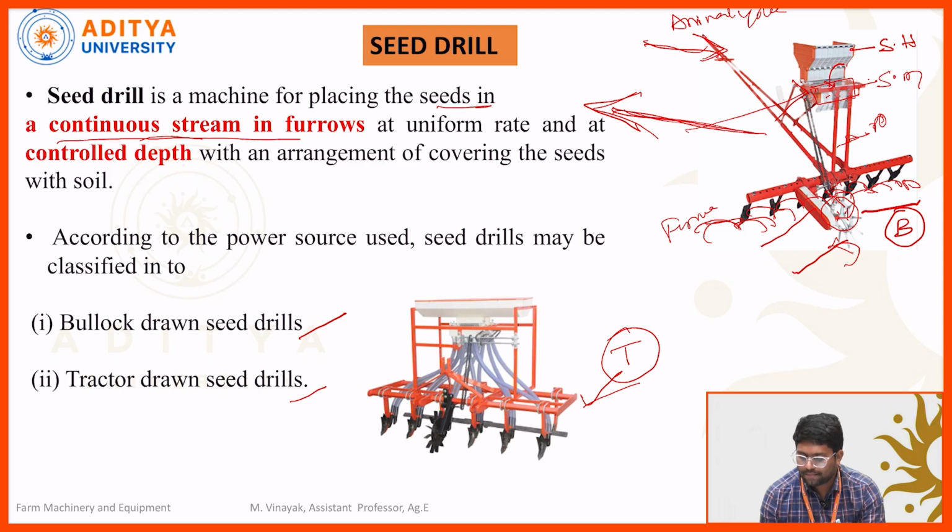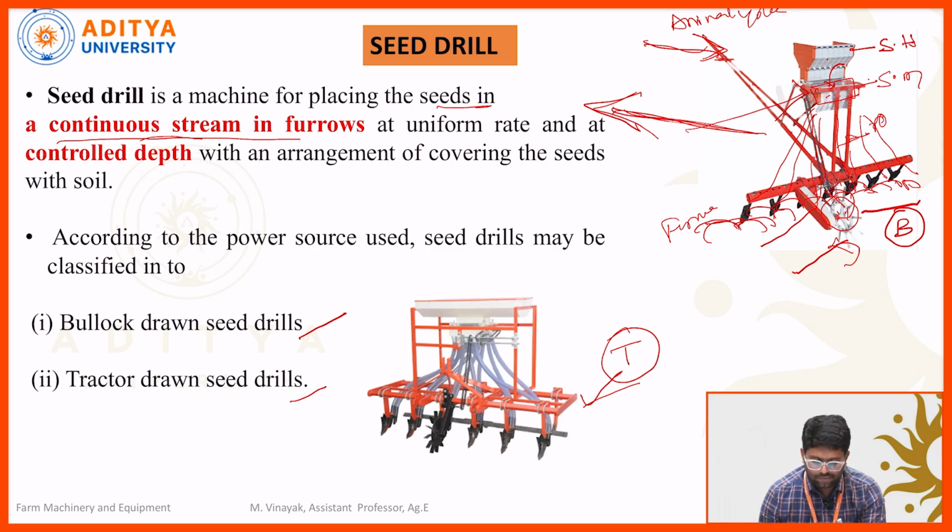The seed metering mechanism collects the seed from the seed hopper and delivers it into these tubes. These tubes are connected to these furrow openers. This is the working procedure of the animal drawn seed drill.